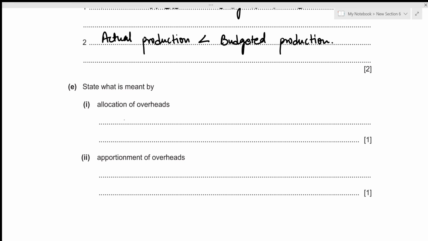We need to state what is meant by allocation of overheads. So overheads are allocated where they can be directly attributed to a cost center, right? So let's write that down.